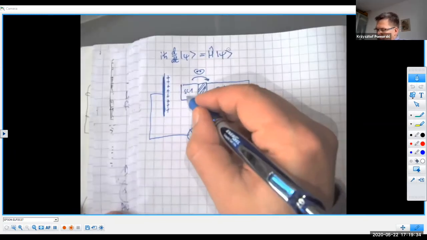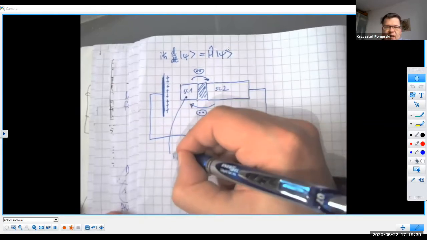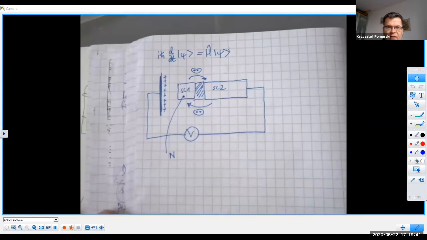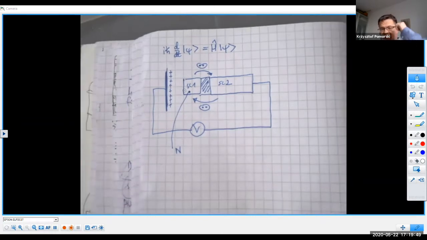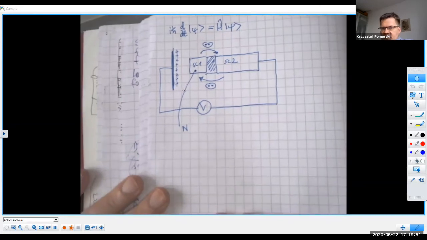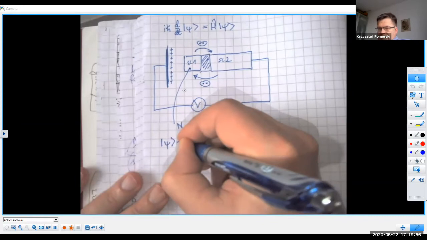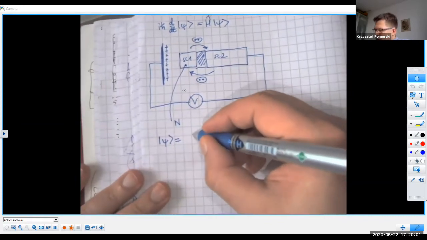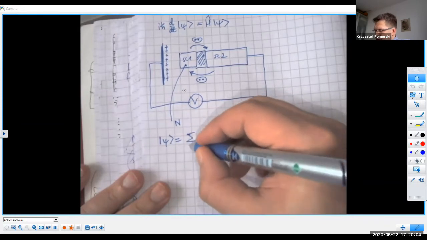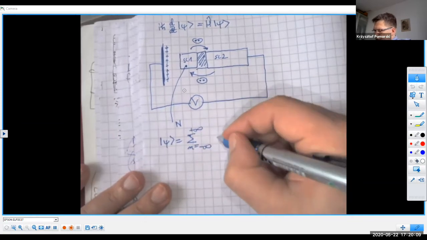So we can parameterize this. There is a certain number of electrons in this small island, and our quantum wave function will be like this: a sum over n from minus infinity to plus infinity of coefficients times the state |n>.